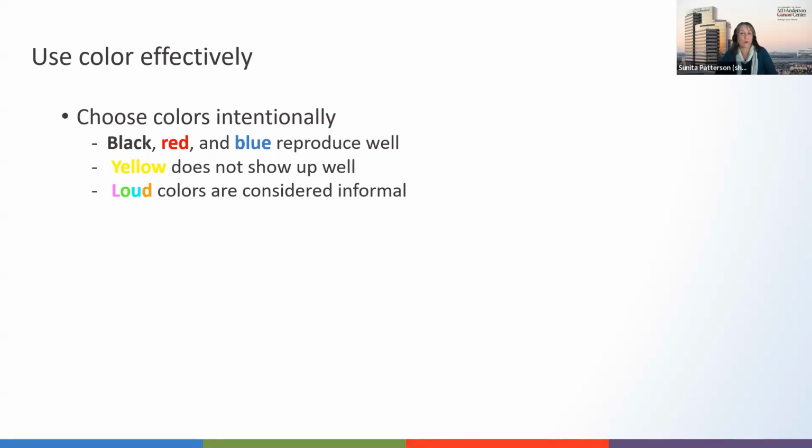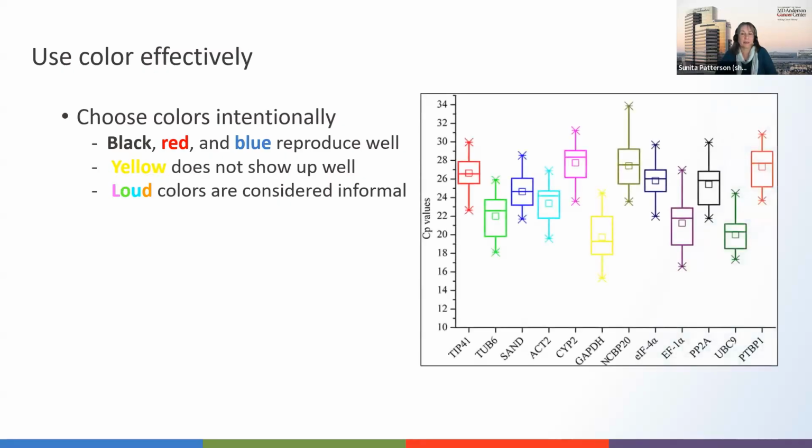And loud or very bright colors are considered informal, so should be avoided or used in small amounts. This example illustrates all of these points. Further, the color is unnecessary. All black or a single color would work here and would look more formal and less distracting. So keep use of color simple and purposeful. A little can go a long way.